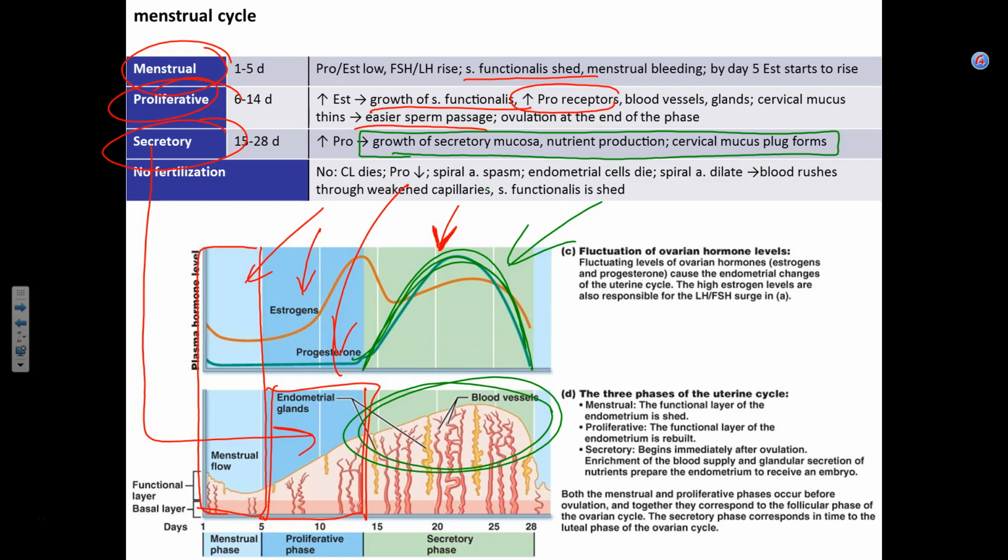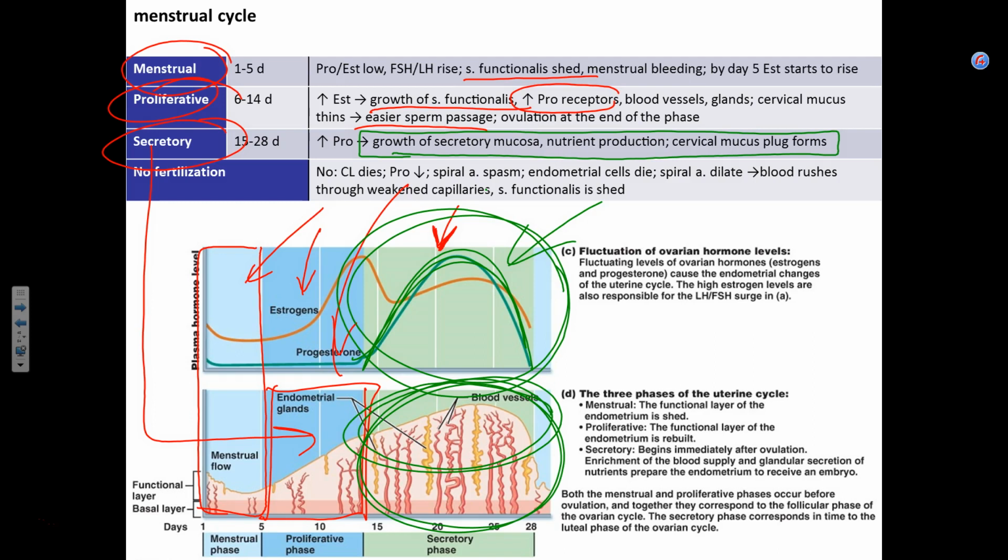Now, remember, this part and this part, they happen after the ovulation, right? So the secondary oocyte is released, hopefully in the fallopian tube. What may or may not happen afterwards? Fertilization. If fertilization happens, what is left behind? Corpus luteum, and it's stable, it's going to last. Which hormones does corpus luteum produce?